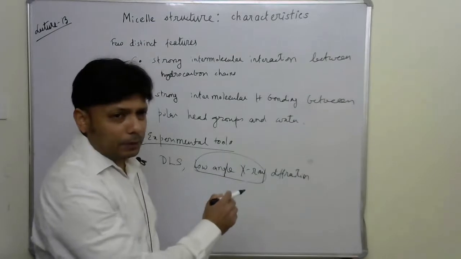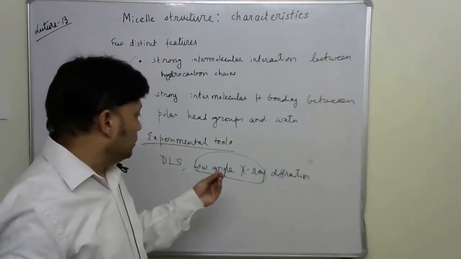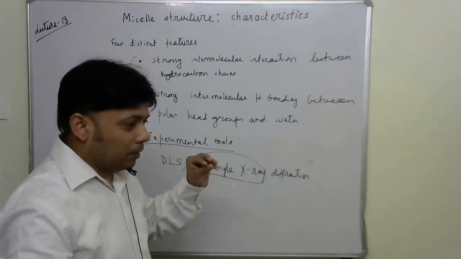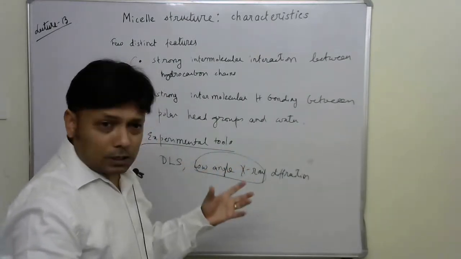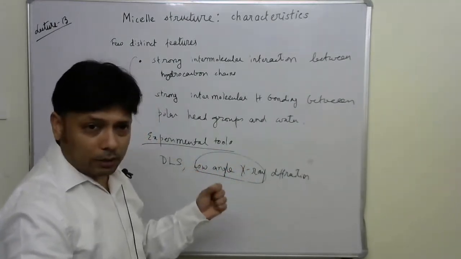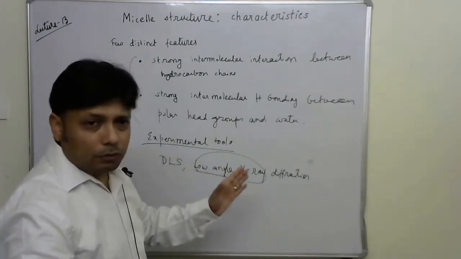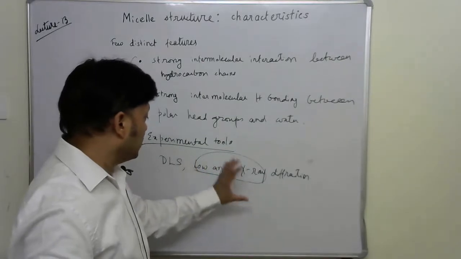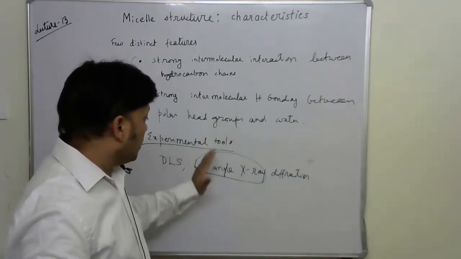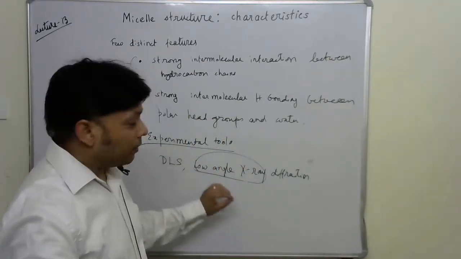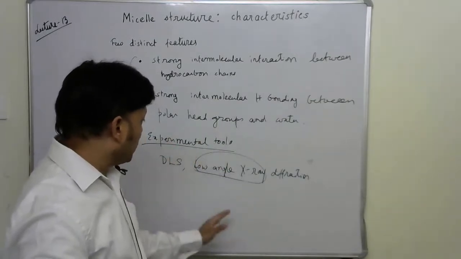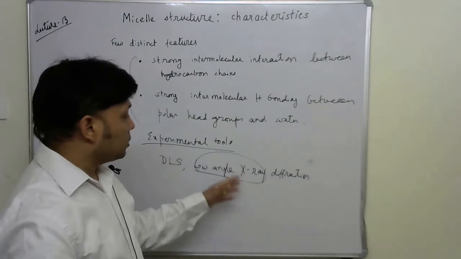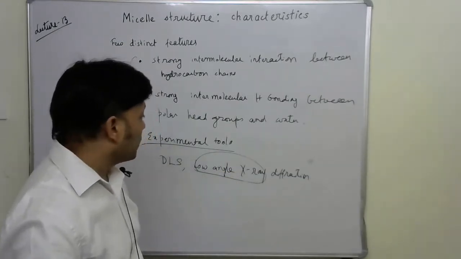So this low angle means the scattering angle lies between, say, a fraction of 1 degree, and then maximum up to 2 degree, 3 degree. I am talking about 2 theta values in powder X-ray diffraction. So in this low angle, certain peaks are recorded, and from those peaks we can try to understand how the orientations or the structures of the micelles are.